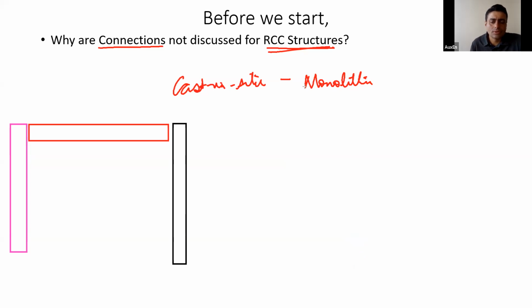This is a column, this is a column, and this is a beam. I have to join these three together, and wherever I join them, I will have to do it using a connection. If this is 1, this is 2, and this is 3.